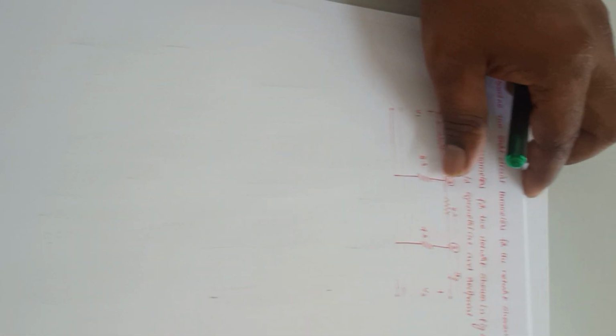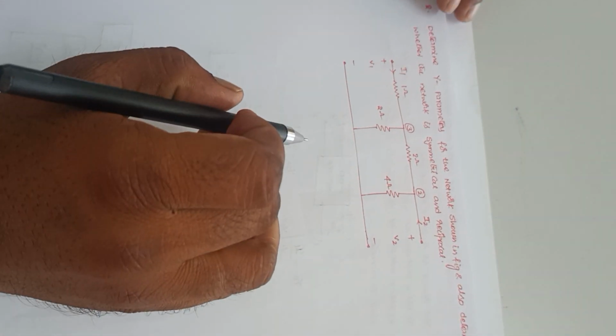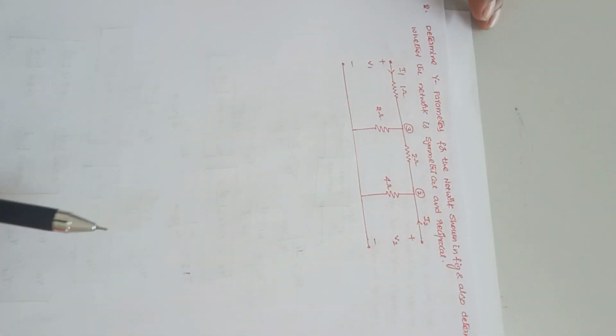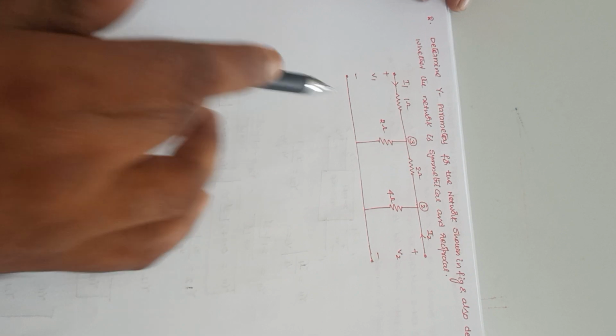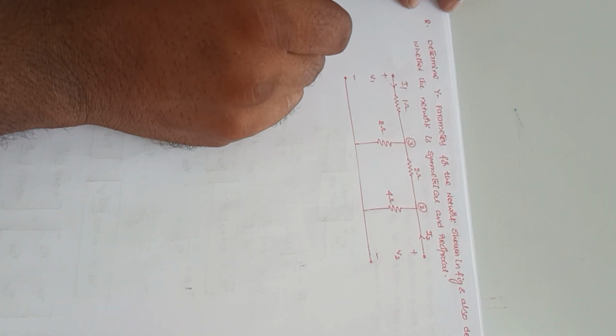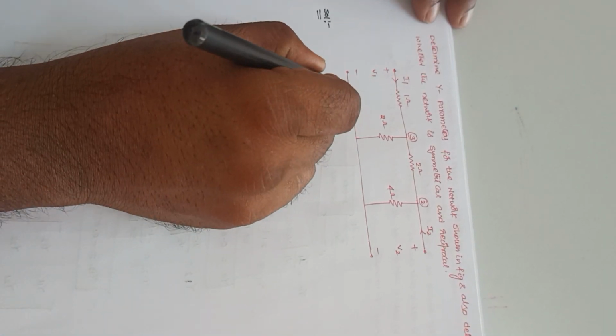Next problem, this is the problem. It is a network for which I need to calculate these short circuit parameters or Y parameters. Whenever these types of networks are there, how do we find these Y parameters?